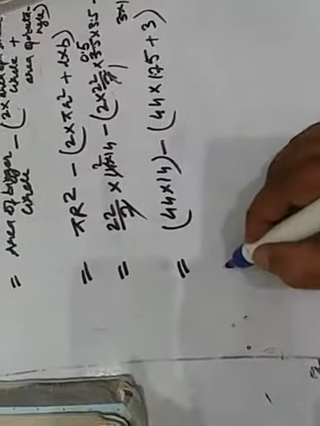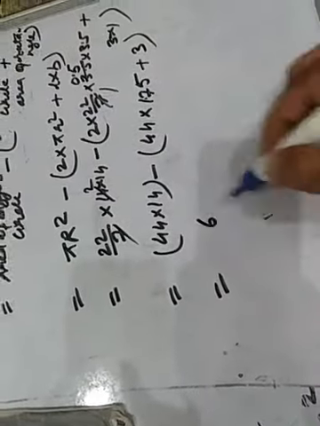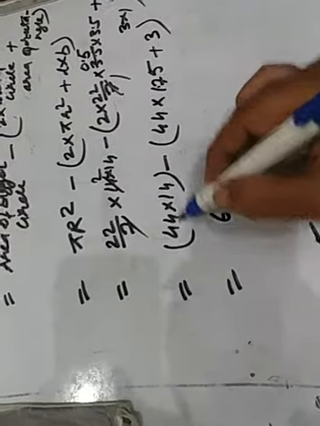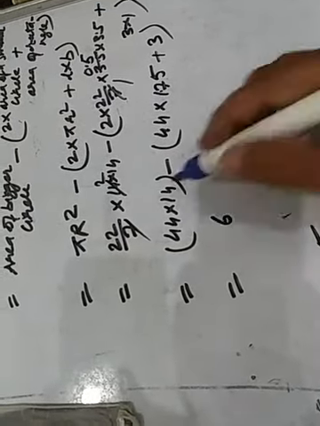Okay children, now multiply it. 14 times 44 is 616.